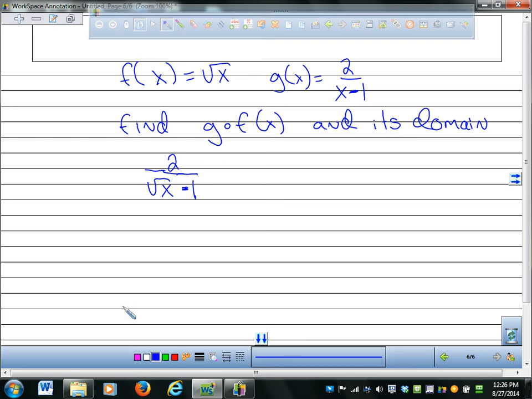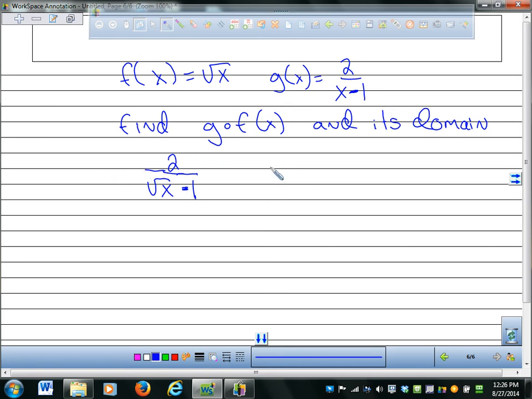What's got to be true about x? You can't have roots in the denominator, well, that's okay. That's more just by convention. You're allowed to, it's just not proper. But this is a minus. So this is g of f of x.